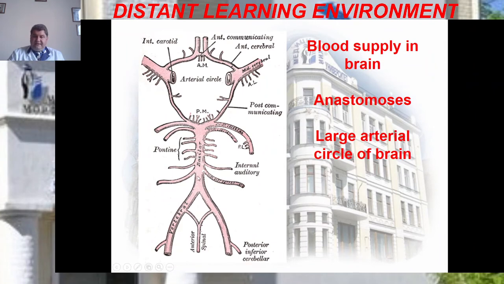Before that they give a branch for the cerebellum, the posterior inferior cerebellar branch. Next you may see another branch for the spinal cord. This is the anterior spinal artery.